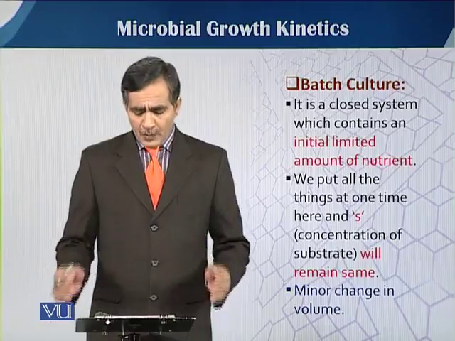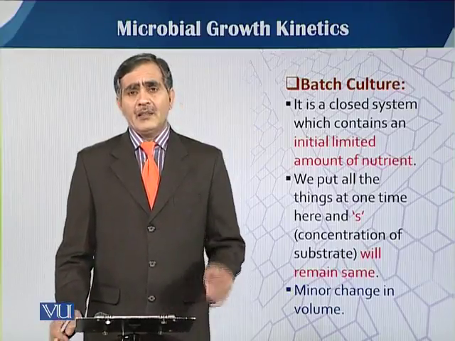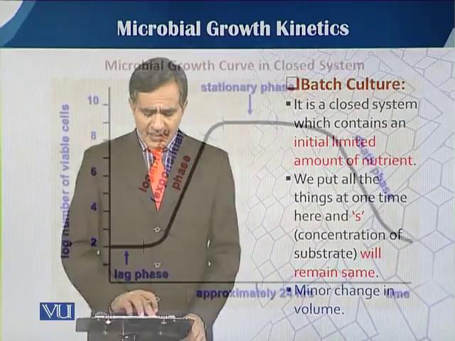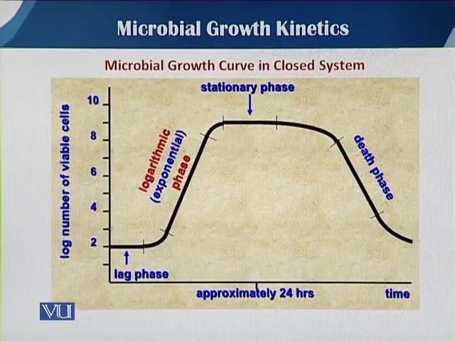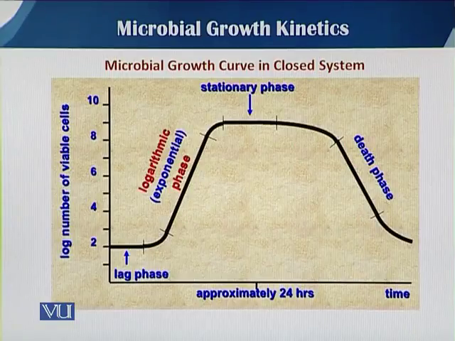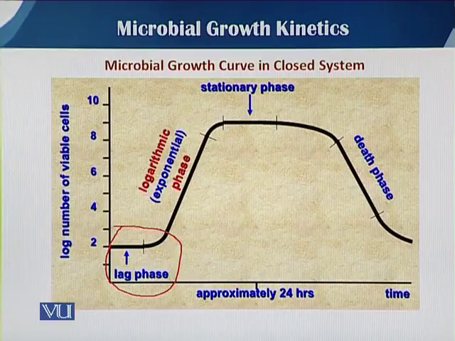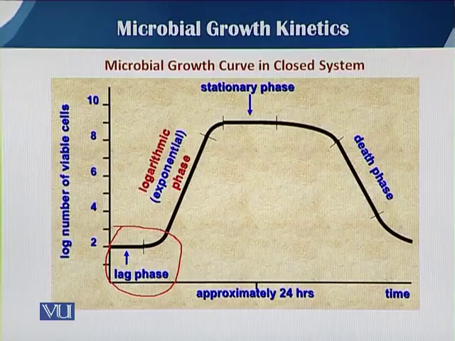In this whole process, different changes occur when growth happens, as we have already discussed in the previous module about the different phases of growth, especially in batch culture. There is the lag phase, an acclimatization stage in which there is no increase in the number of cells, but they utilize some substrate for their maintenance.